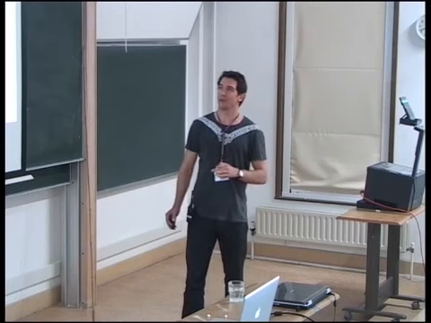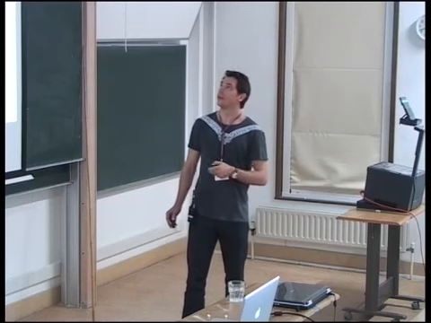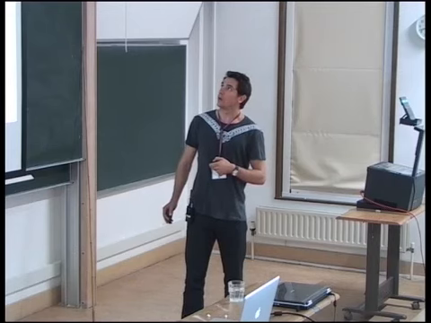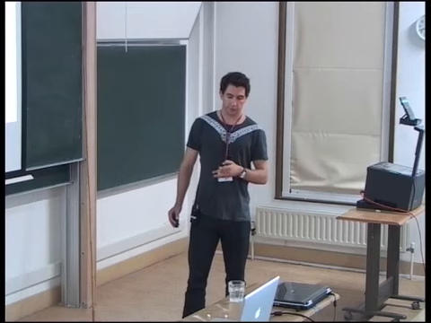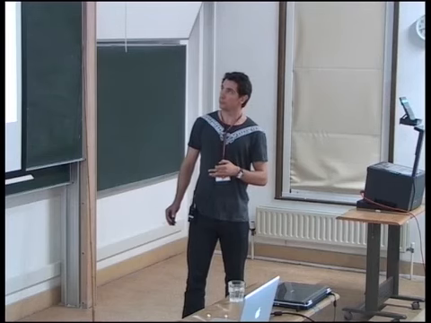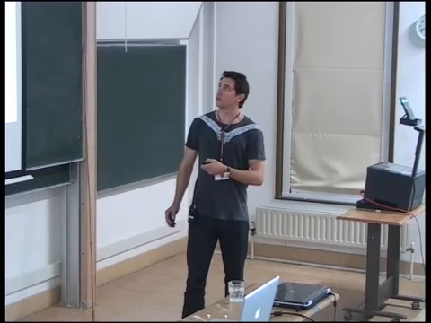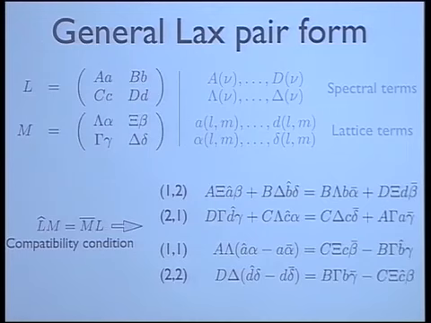I'll talk more about the other ways at the end. So I have one term in each entry that's separable. I'll put that into the compatibility condition, and I get 4 equations, one coming from each entry of the compatibility condition. So I don't need the lax pair anymore. I'll just concentrate on these 4 equations for the rest of the talk.